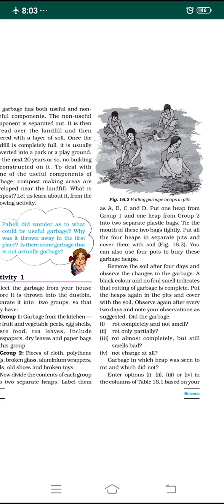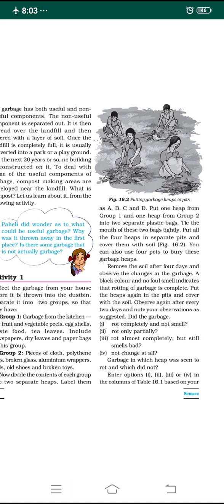What are those observations in the garbage? Whether the rotting is completed and no smell is there. Second, it is rotted only partially. Third, rotted almost completely but still smelling bad, meaning the rotting is over but a bad smell is still coming. Next, no change at all.